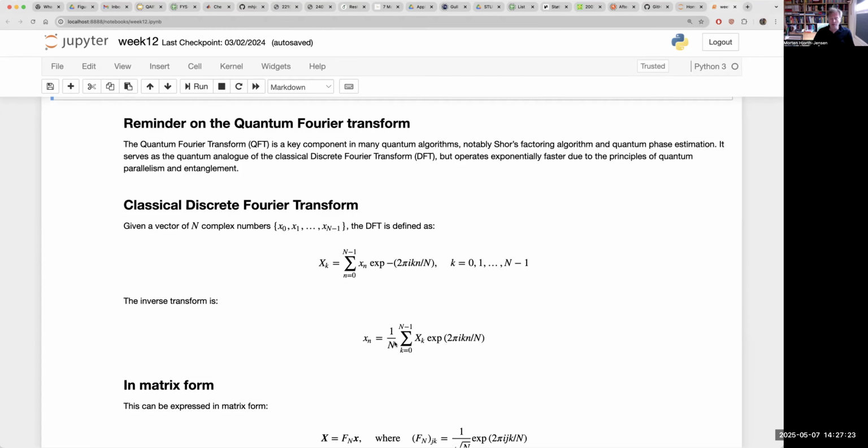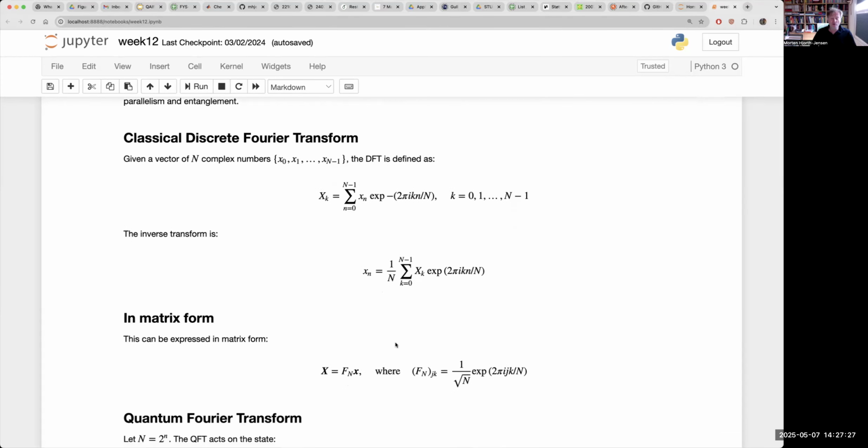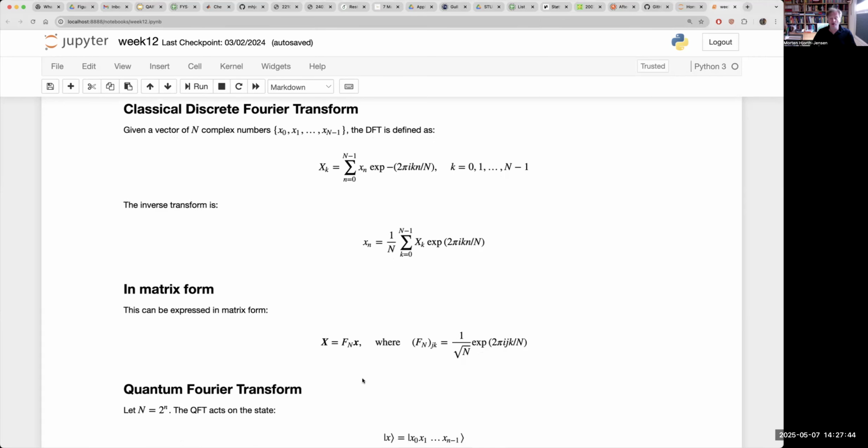This is something which we last time, and also the time before, rewrote in terms of a matrix form. So we would have a matrix F whose elements, j and k here, are represented by this explicit term. And this matrix is something which we can multiply with this vector x.